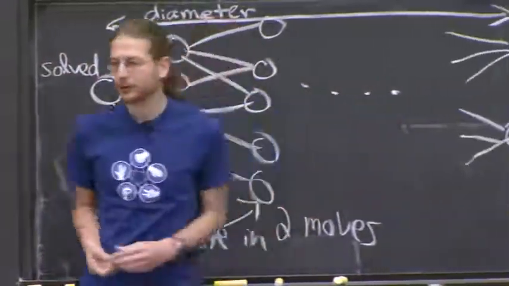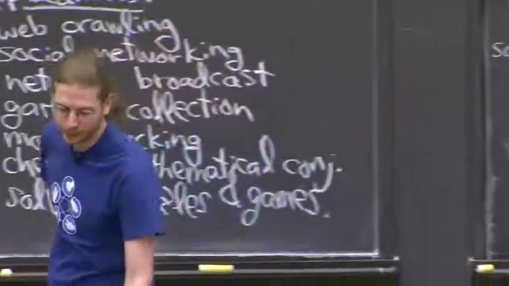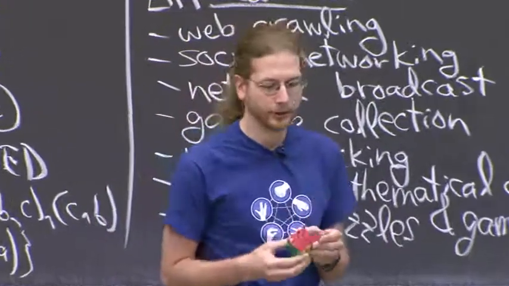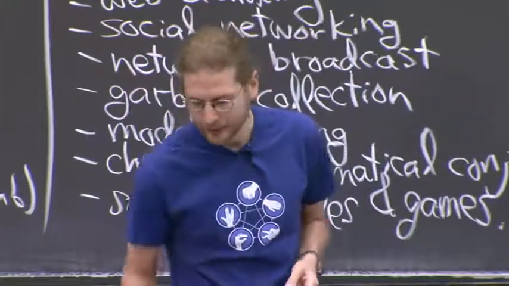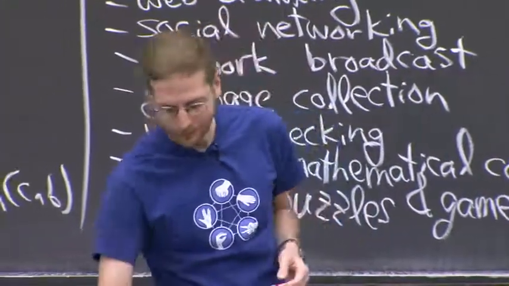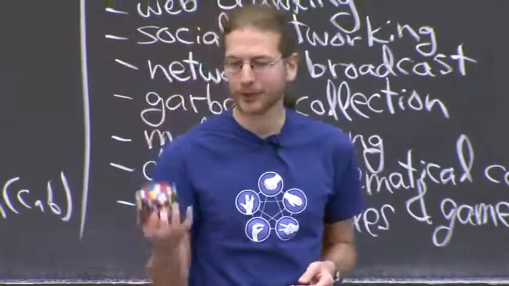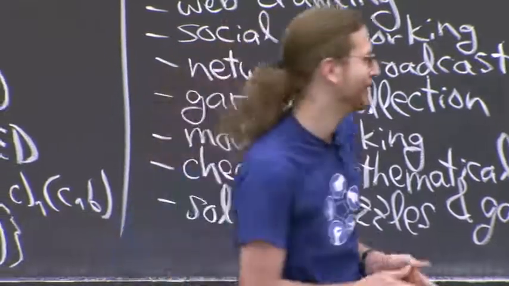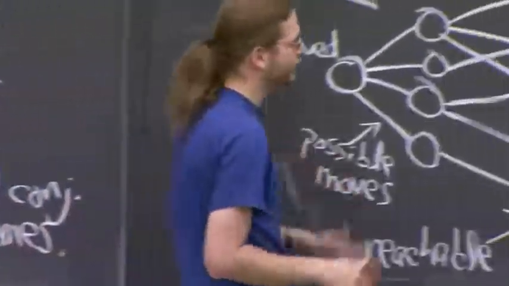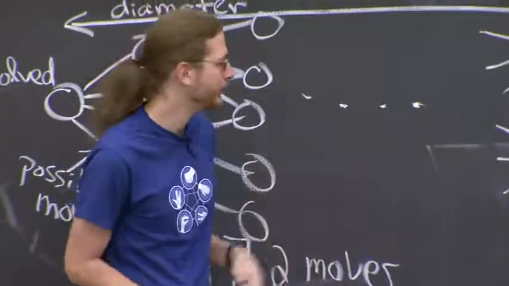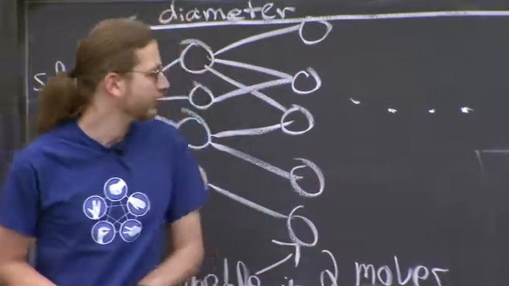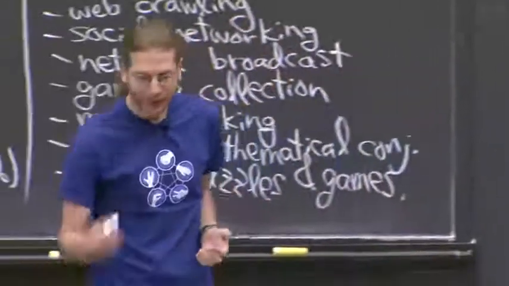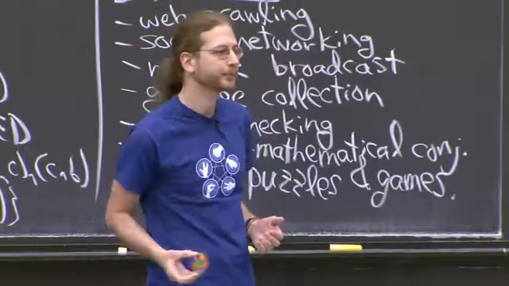For 2 by 2 by 2, the answer is 11. For 3 by 3 by 3, the answer is 20. That was just proved last summer with a couple years of computer time. For 4 by 4 by 4, I don't have one here. I think we'll never know the answer. For 5 by 5 by 5, we'll never know the answer. For 6, for 7, same deal. But for 2 by 2 by 2, you can compute it. You will compute it on your problem set. And it's kind of nice to know because it says whatever configuration I'm in, I can solve it in 11 moves.